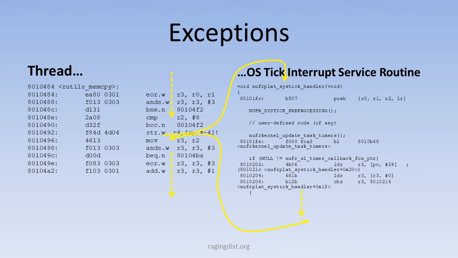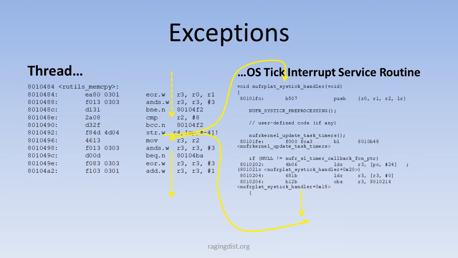In the ARM literature, and I believe in the older Motorola 68000, this mechanism which breaks the normal pattern of execution is called an exception. And the exceptions are something that happened in the hardware, and it happens for different reasons, which I'll explain in a little bit.